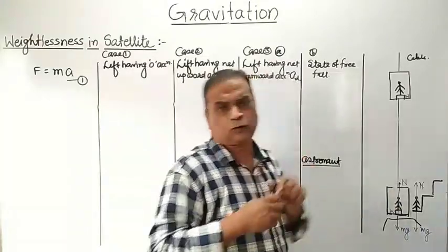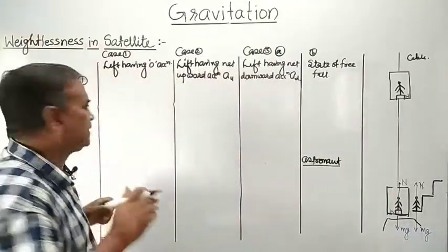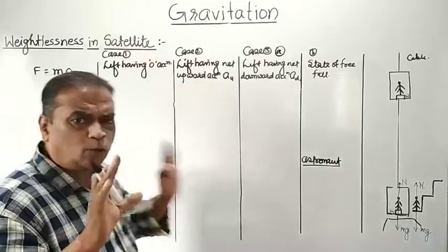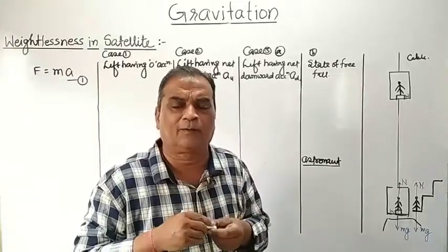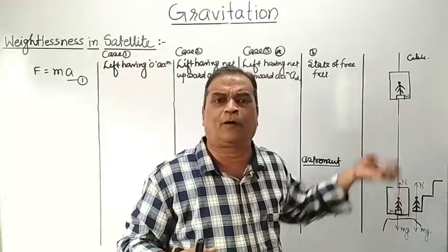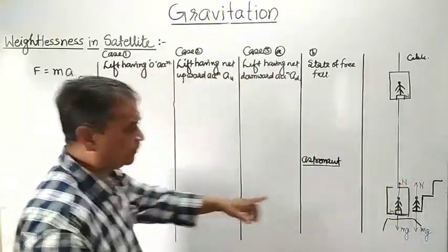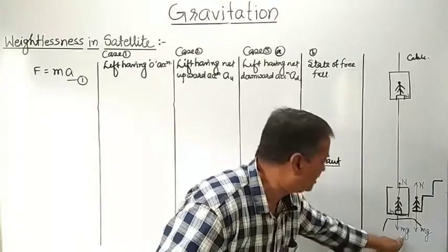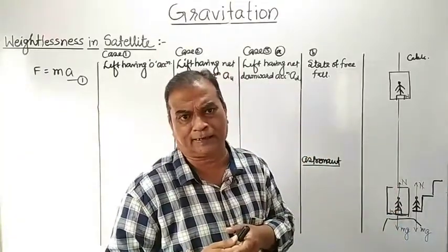Now, because these two forces are exactly opposite in direction, here we have two possibilities. If the passenger is acted upon by a net downward force, this downward force mg must be greater than the normal reaction.